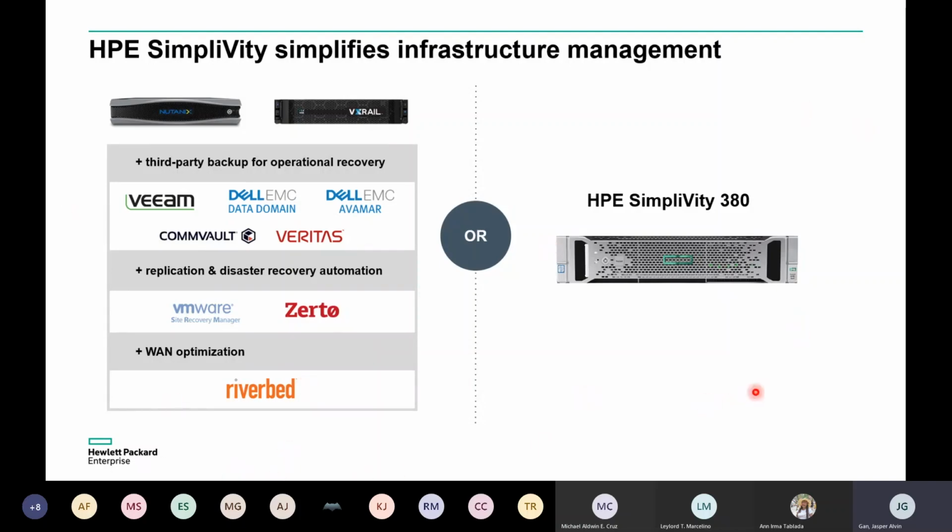With HPE SimpliVity, we get to do all those features and functionalities already built in to the system. Hence, you don't need to purchase any more third-party software. You don't need to worry about renewing those software anymore.